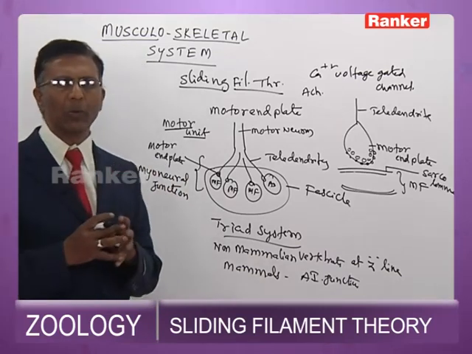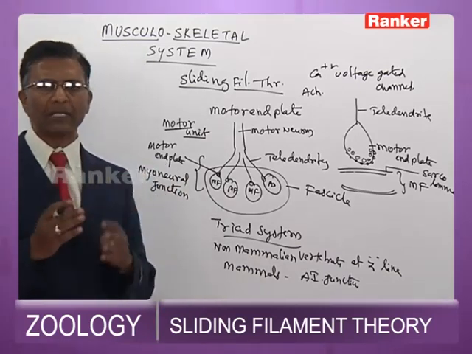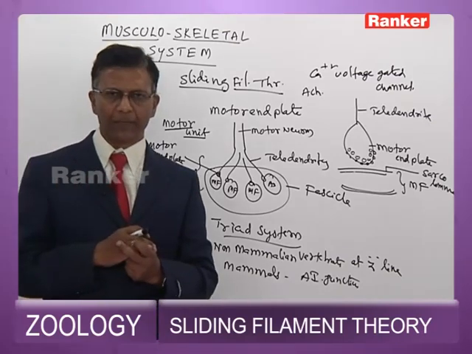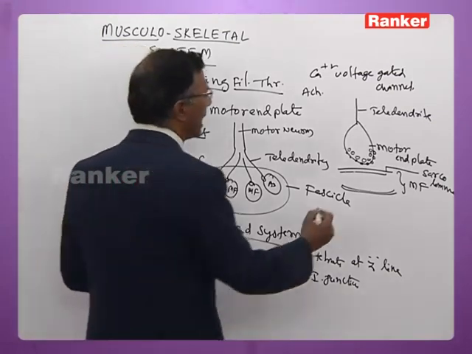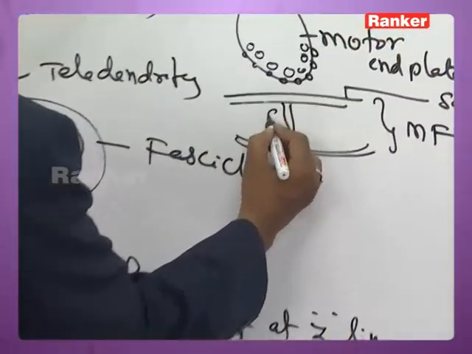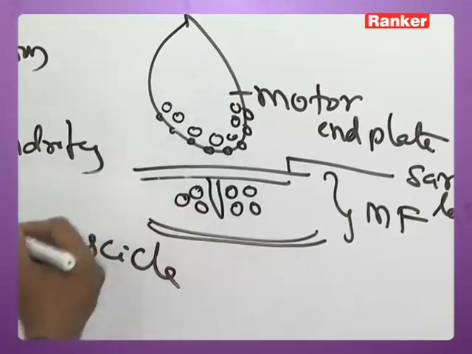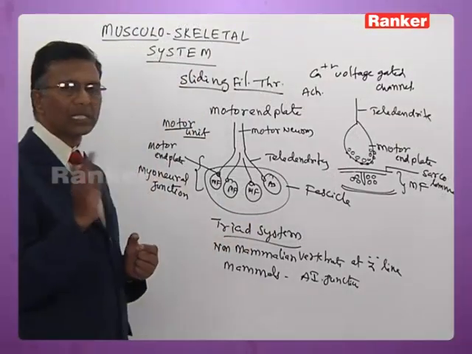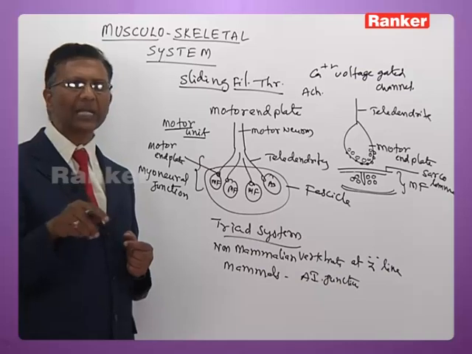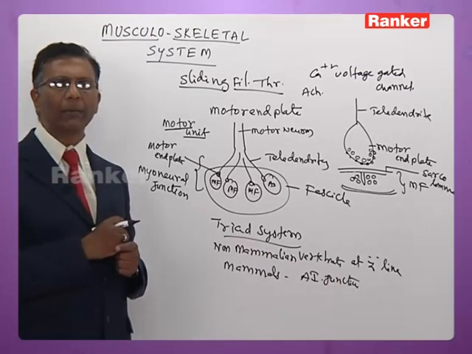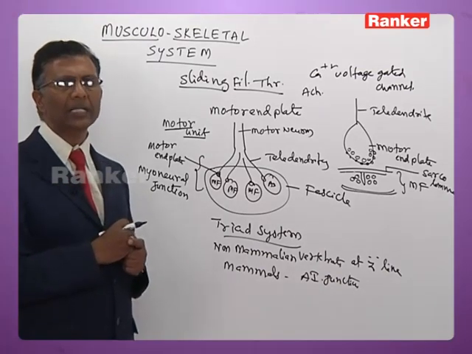Now these transverse tubules are in turn in contact with several cisternae. Suppose there is a transverse tubule like this. On either side of this, several cisternae are present, like this. So the cisternae are present on either side, and the transverse tubule, all three of them constitute the triad system.